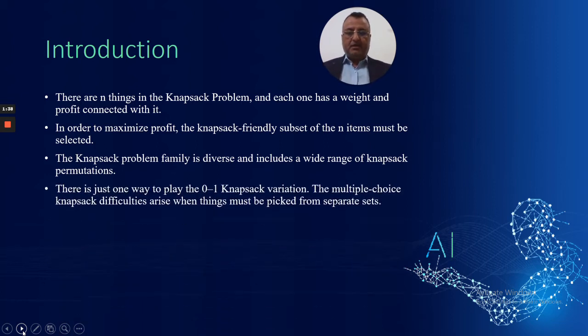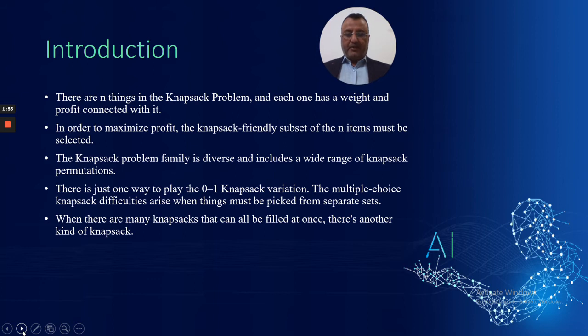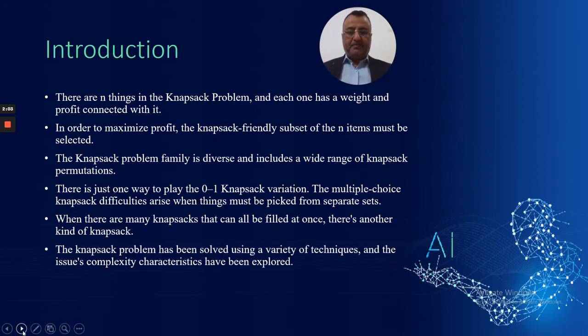There is just one way to play the 0-1 knapsack variation. The multiple choice knapsack difficulties arise when things must be picked from separate sets. When there are many knapsacks that can all be filled at once, there is another kind of knapsack.